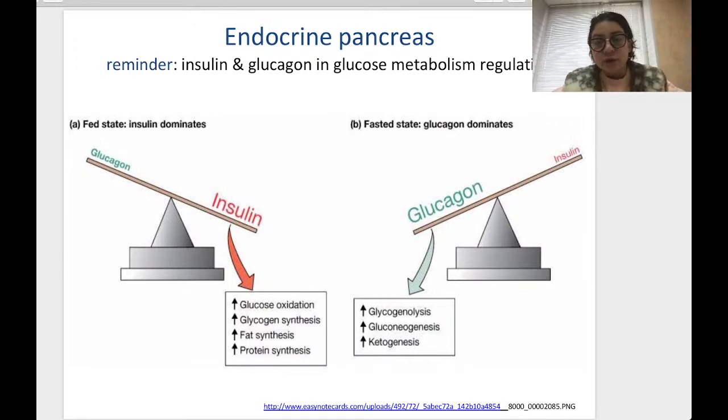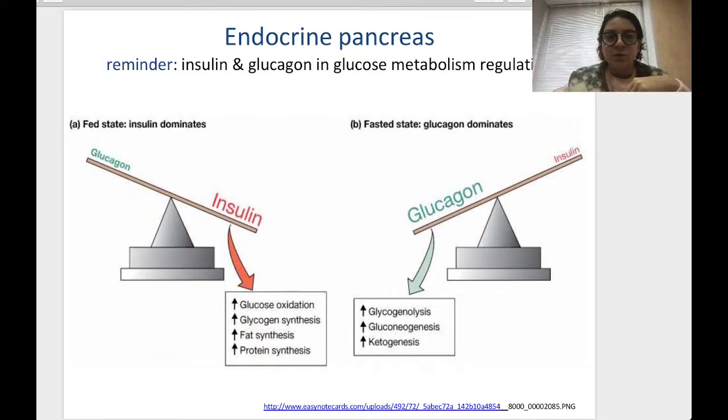And glucagon is an opposite hormone that has somewhat opposite effects, with increased glycogenolysis, increased gluconeogenesis and increased ketogenesis. Insulin is the hormone of the fed state, and glucagon is for the fasted state, when glucagon dominates.